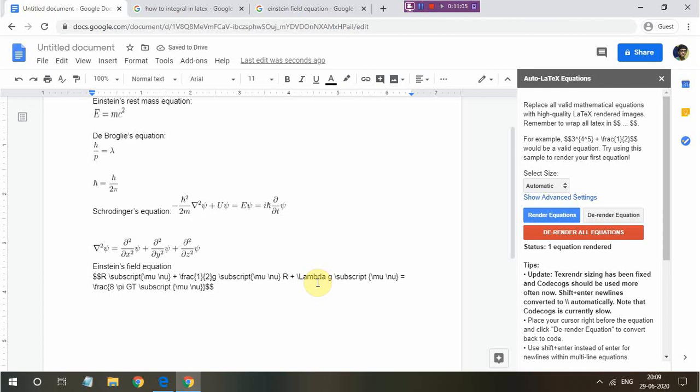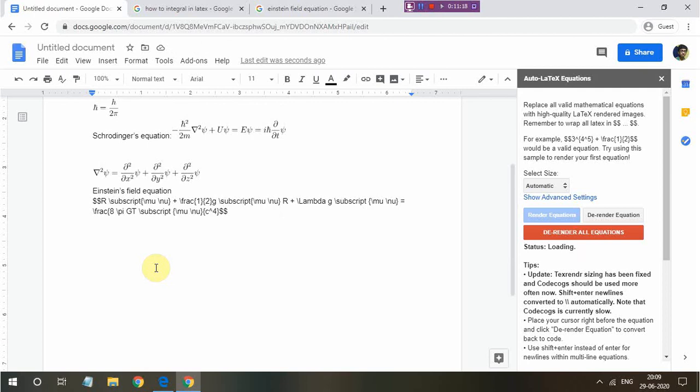Okay, so this is in fraction, right? This is the numerator, and then we will have the denominator, 8 pi G T mu nu over c raised to the fourth power, right? So let's see if this works, and after this we will see how to do integrals and a few other examples also.